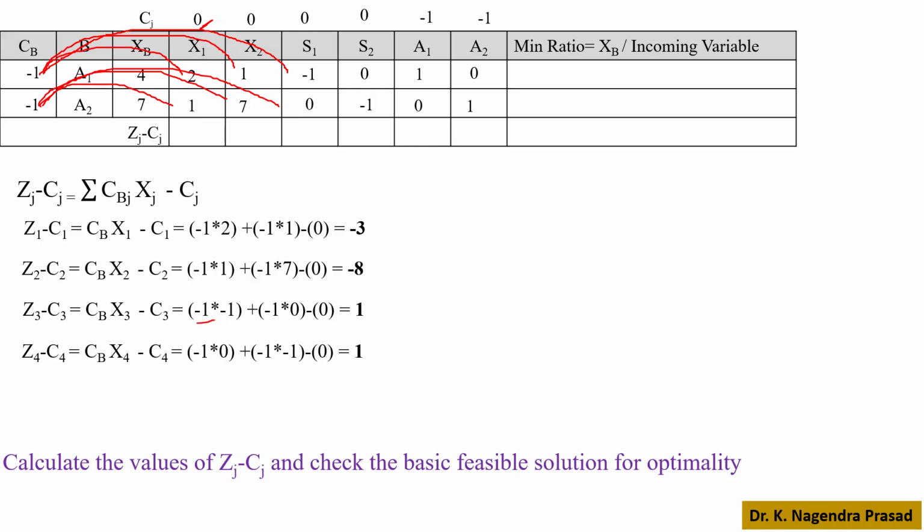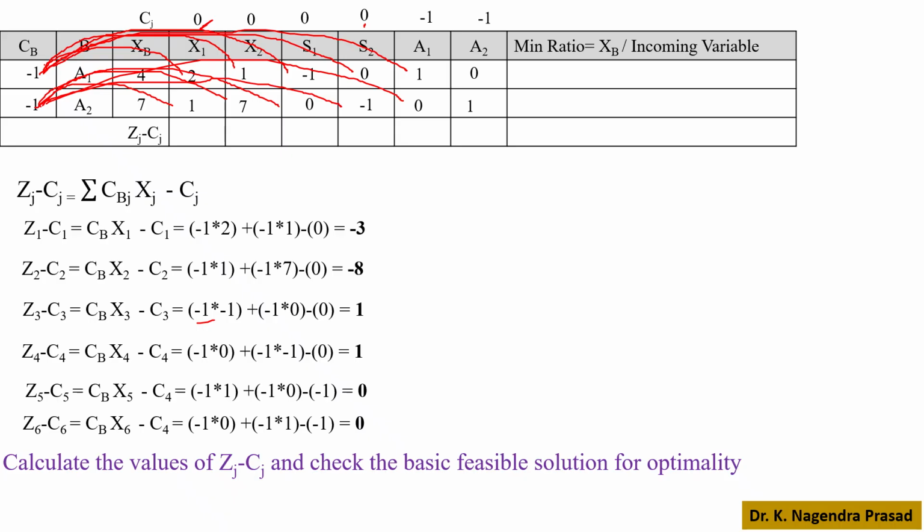Next, Z4 minus C4 for the S2 variable: -1 into 0 plus -1 into -1, minus 0, it is 1. Next, Z5 minus C5 for the A1 variable: -1 into 1 plus -1 into 0, minus of -1, it is 0. Next, Z6 minus C6 for the A2 variable: -1 into 0 plus -1 into 1, minus of -1, its value is also 0.